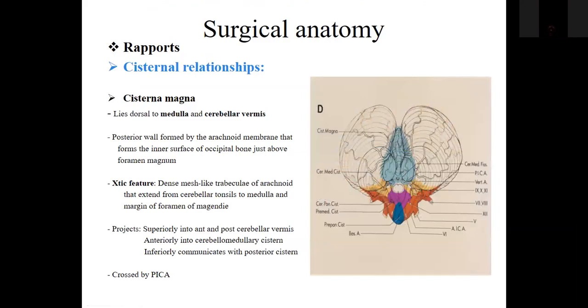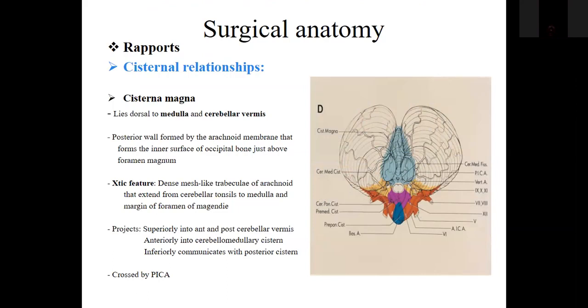Talking about the cisterna magna, it lies dorsally to the medulla and the cerebellar vermis. Its posterior wall is formed by the arachnoid membrane that forms the inner surface of the occipital bone just above the foramen magnum.